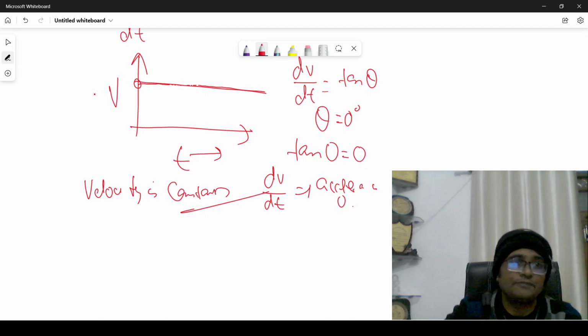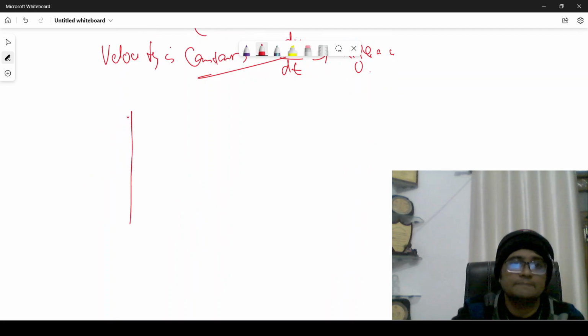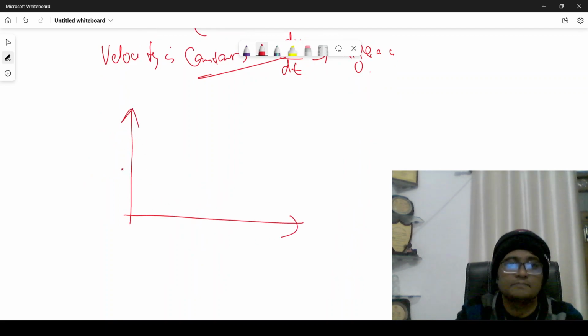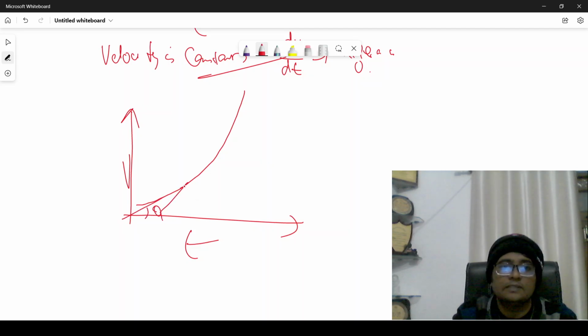And suppose you draw the graph like this, here v and here t, and it is going like this. The value of the acceleration is going to increase with time. If you draw the tangent here, say this is the angle theta 1, this is theta 2, this is theta 3, and this is theta 4.